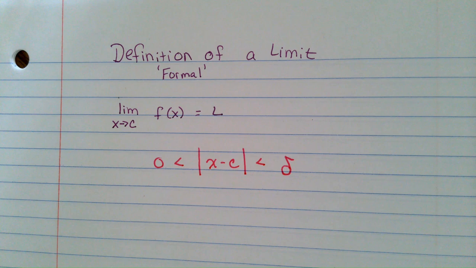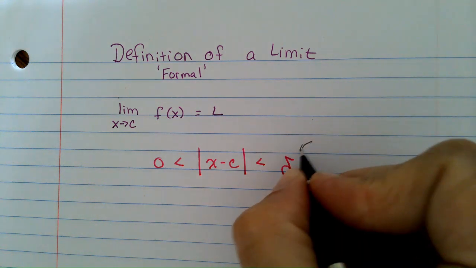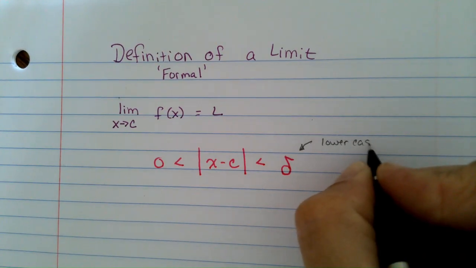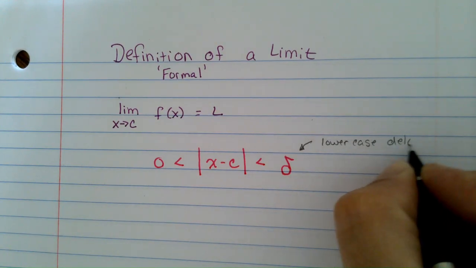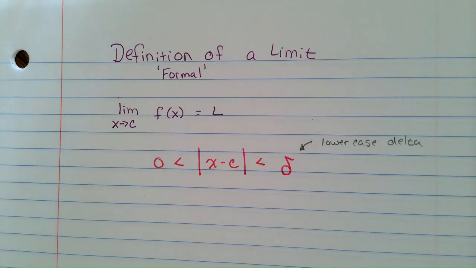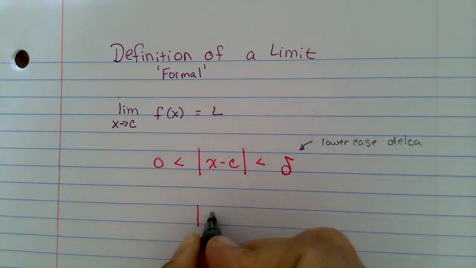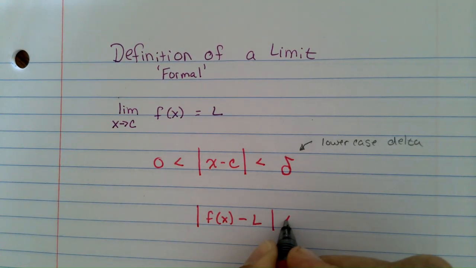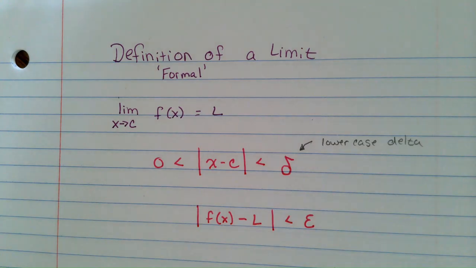So this would be lowercase delta. My Greek letters sometimes are not as on point as they should be. The absolute value of f of x minus L is less than epsilon.